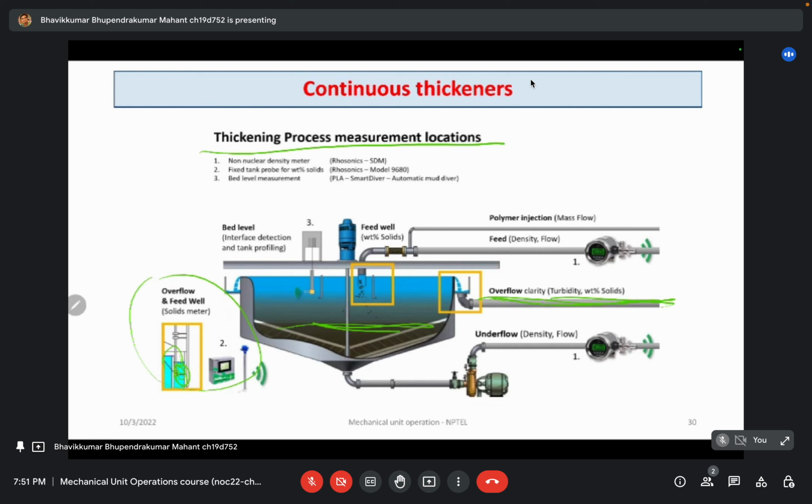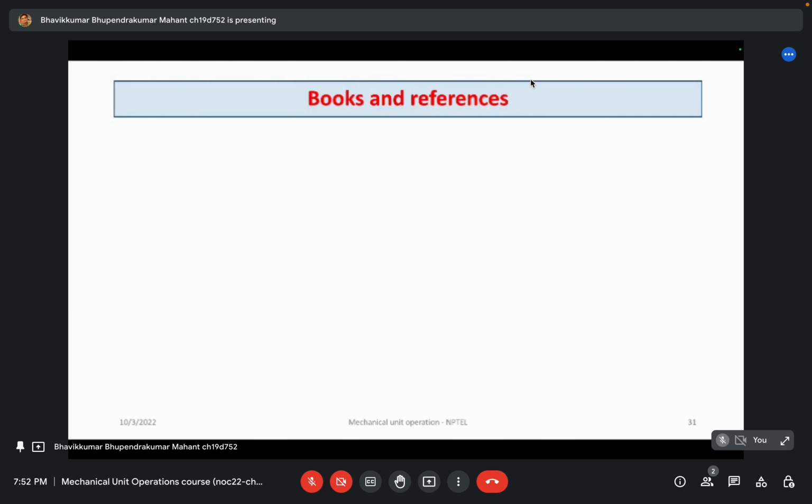At the end you will see this black region, which is sludge, or a very turbid region, and a heavy duty slurry pump is required to move the underflow. This is the feed, and this is the mixing. The underflow has a mass flow meter, and the polymer injection is there to handle fluctuations of the process. Everything must be noted and recorded in order to get accurate data.